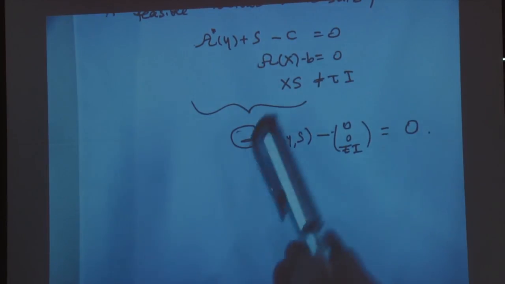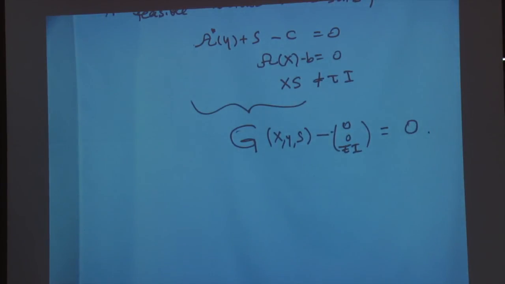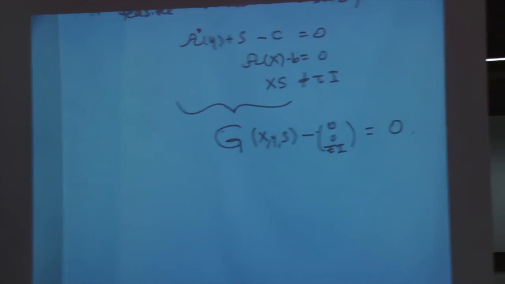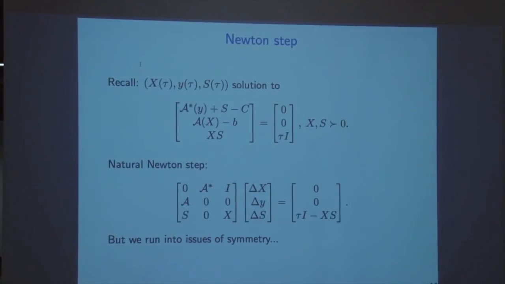And if you think about the last equation, we have xs. The natural thing would be to linearize that. The term that multiplies x is s, and the term that multiplies s is x. So we have s delta x plus x delta s. That would be the last one.